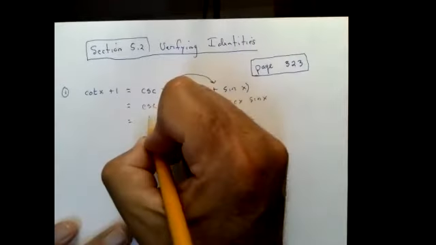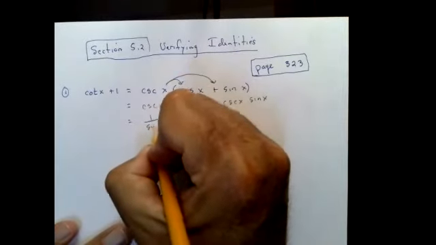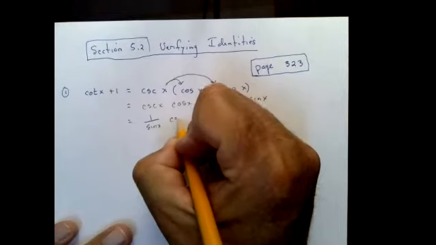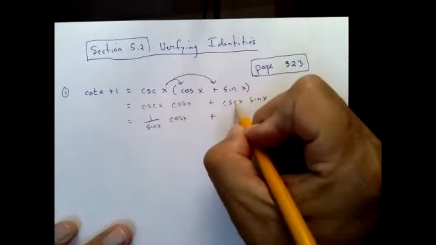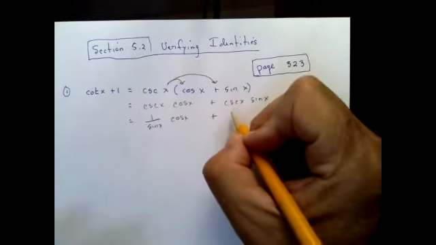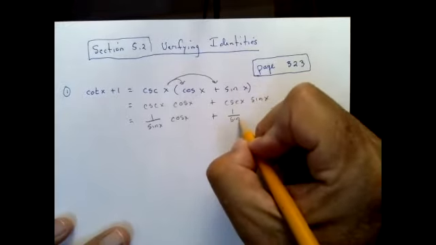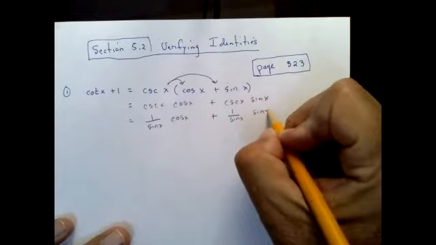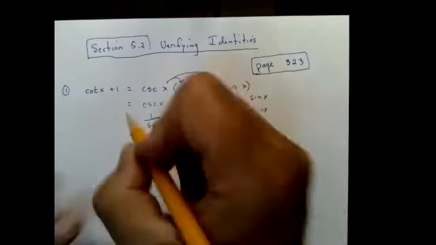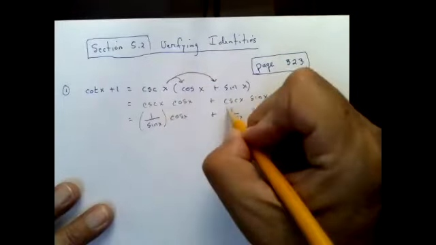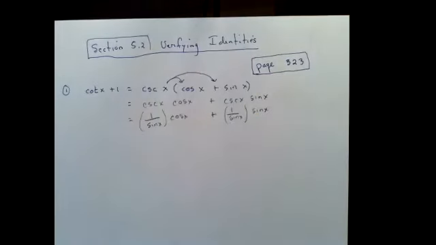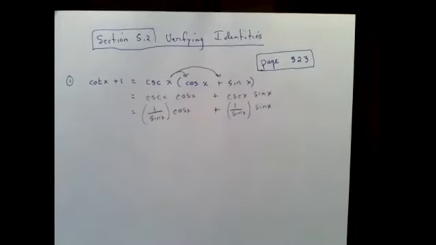So if I took this, I would get 1 over the sine of x times the cosine of x, plus this guy right here is 1 over the sine of x times the sine of x. Legal. Everything's still good.